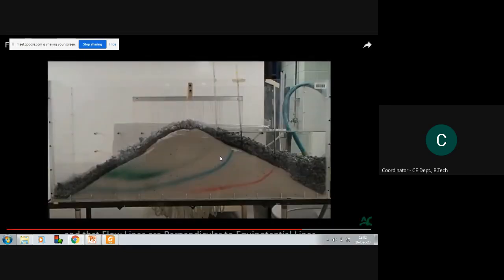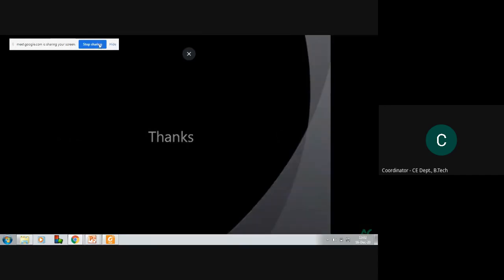These are 3 color variations of seepage flow which have been described through this experiment. These are the manners of seepage flow. This is a practical, experimental view that I have been showing you.